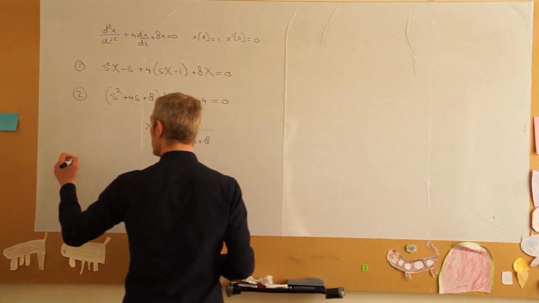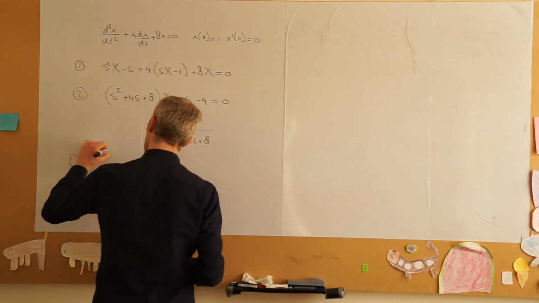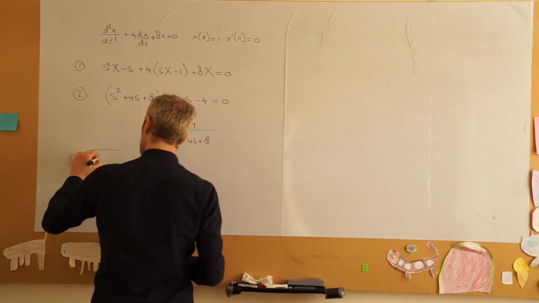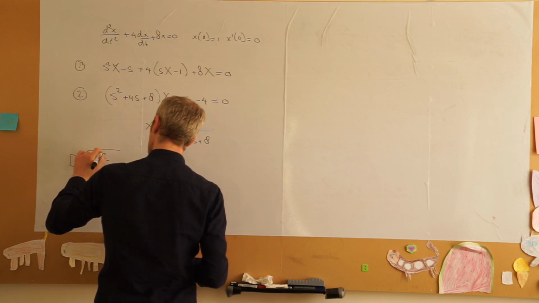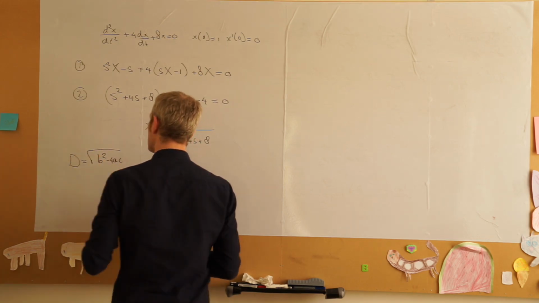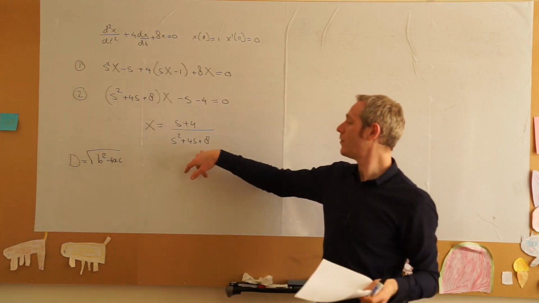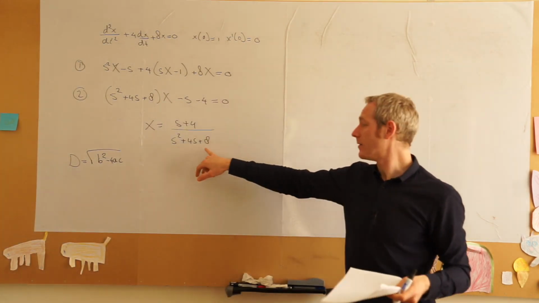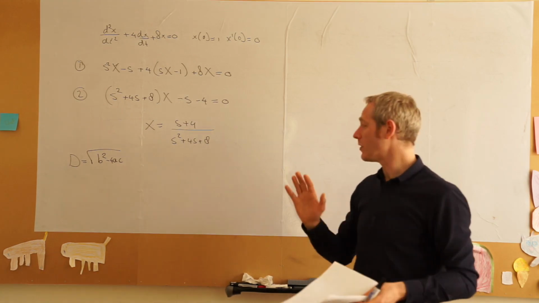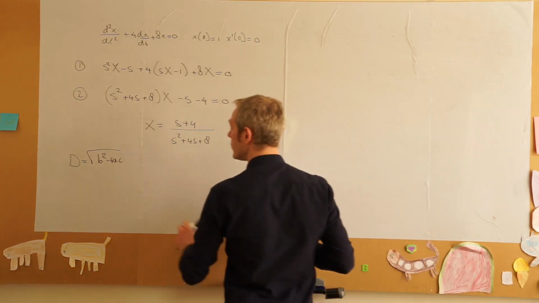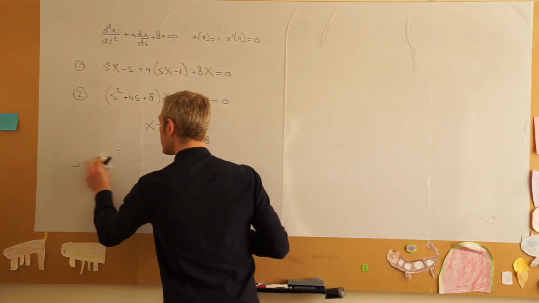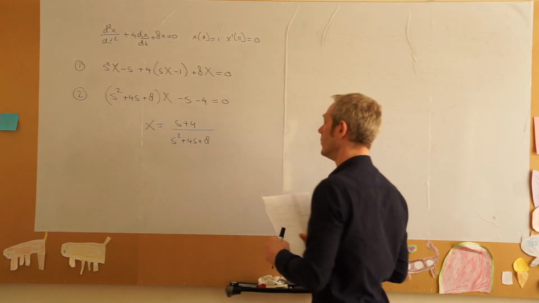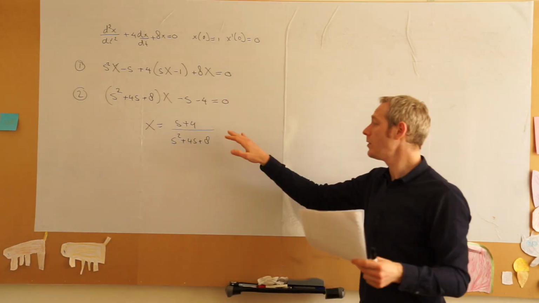What I'm looking at is b squared minus 4ac. B is 4, a is 1, and c is 8. So this will yield a negative number, so it will have complex roots, which means we will not factorize this, but we'll use something else.